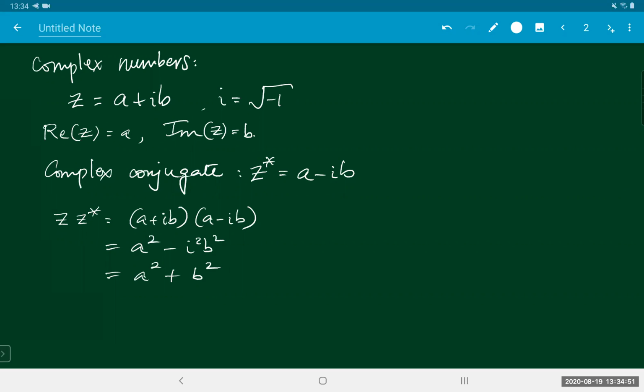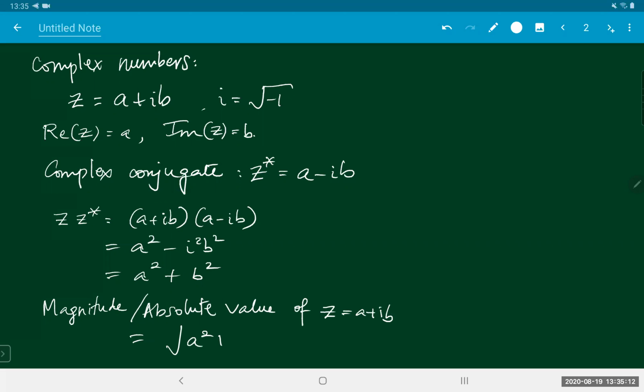So this also gives us a way of defining what is called the magnitude or the absolute value of z. So this is square root of a squared plus b squared, or you can write it as square root of z z star.